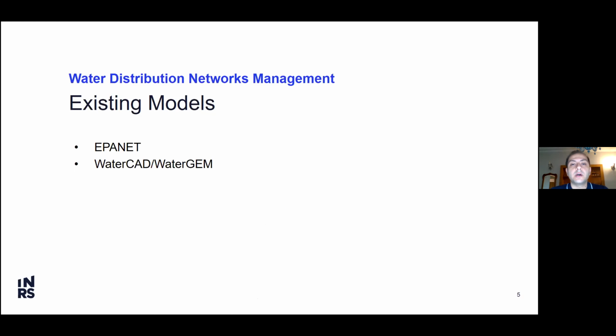Right now there are different models used in this field. The most common of them are EPANET and WaterCAD or WaterGEMS, which are used in different municipalities to manage different networks.